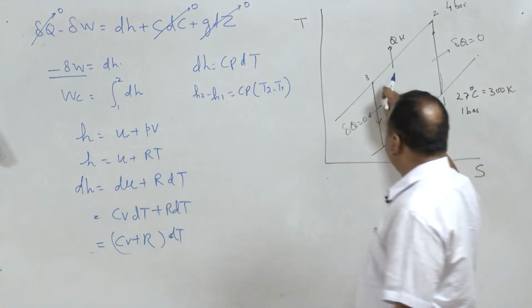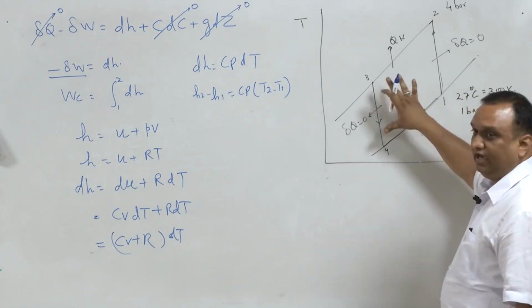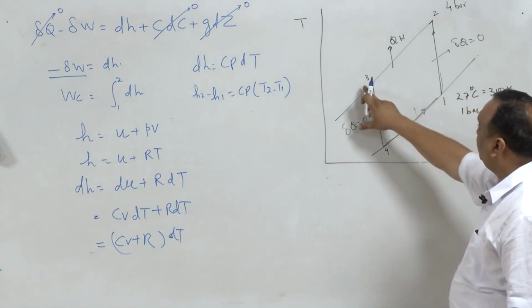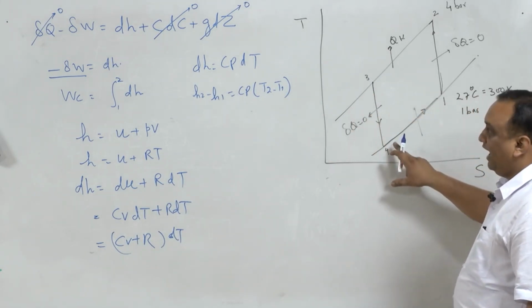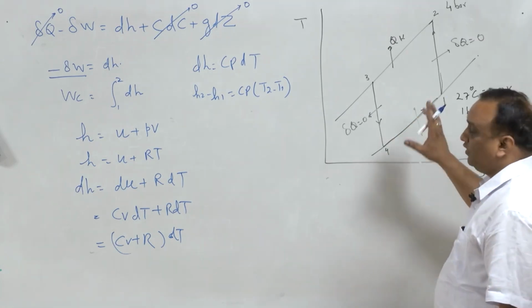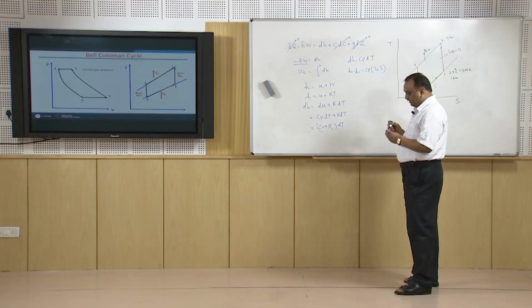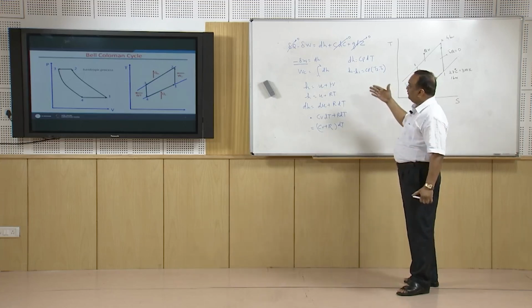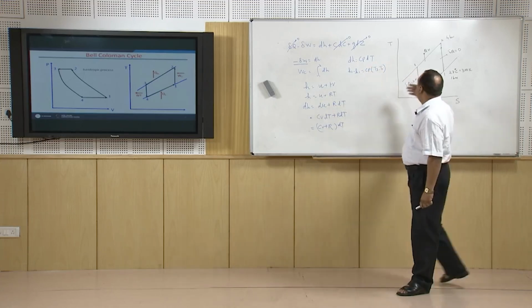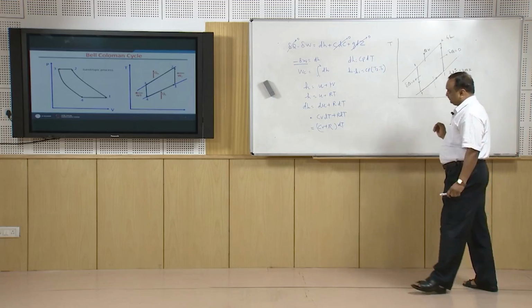Similarly, we can derive that the work obtained during the expansion process is Cp (T3 minus T4), and we come to the same expression as we obtained through earlier methods. So, we have three alternative methods to find the work during compression.